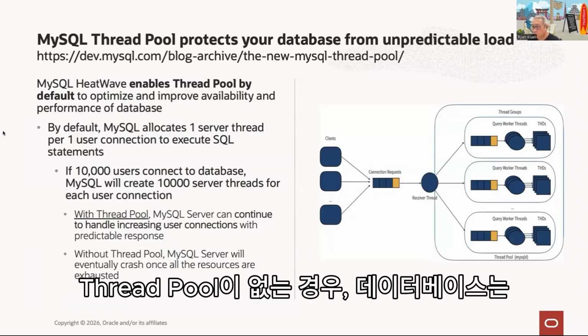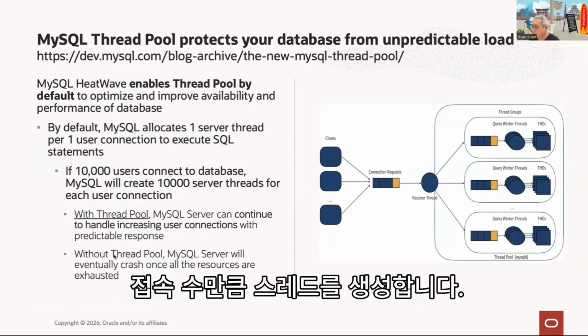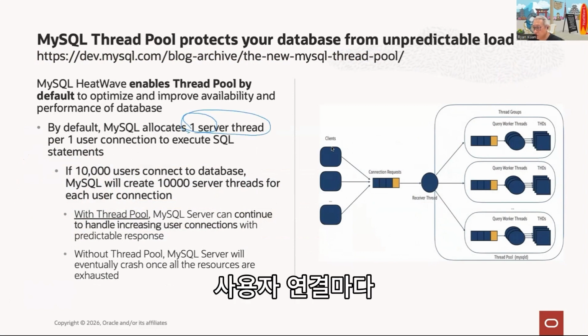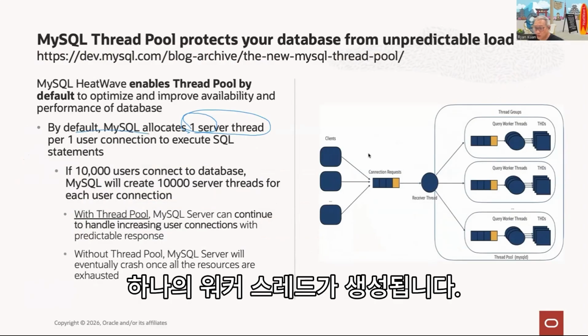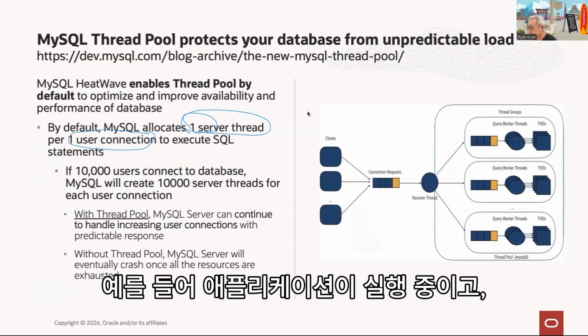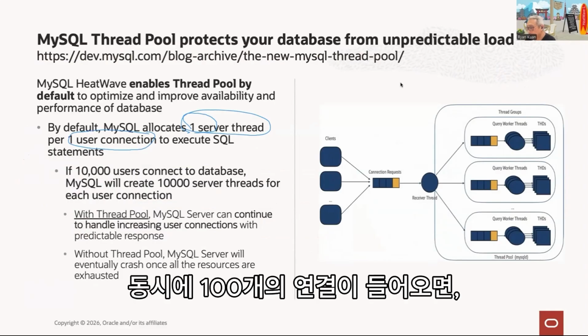Without a thread pool, the database will provision one server worker thread per user connection. Let's say you have an application running, and in here I have 100 users.